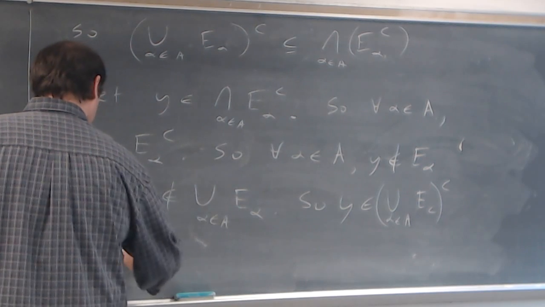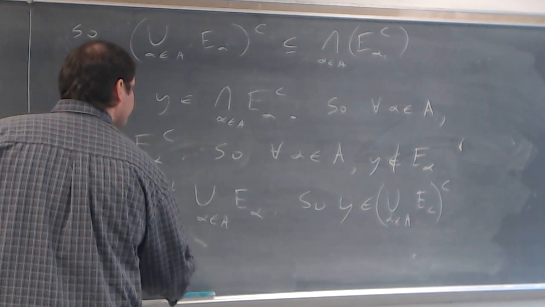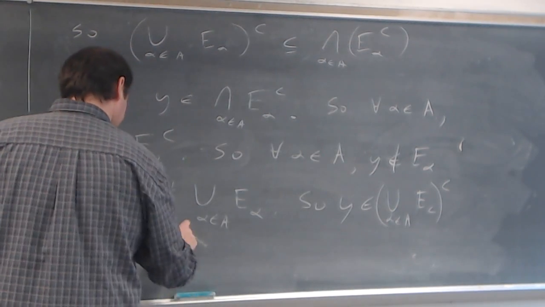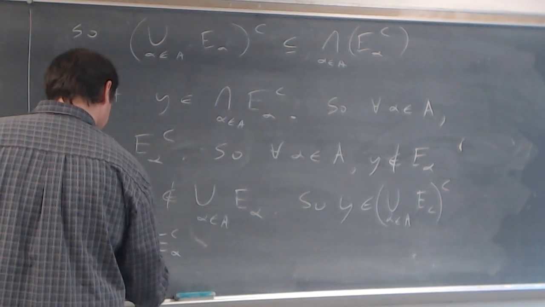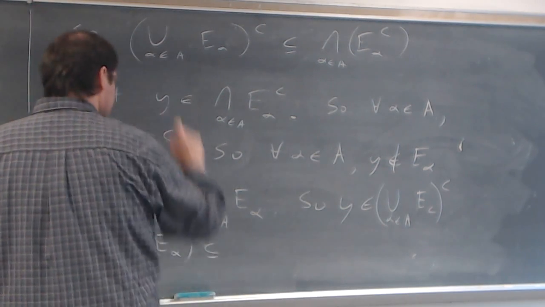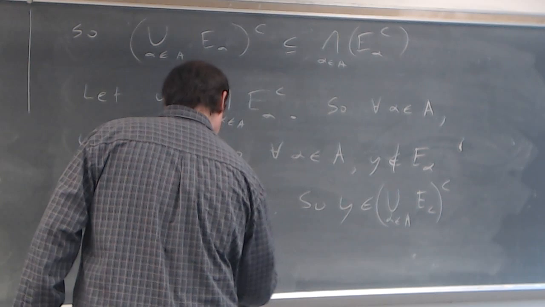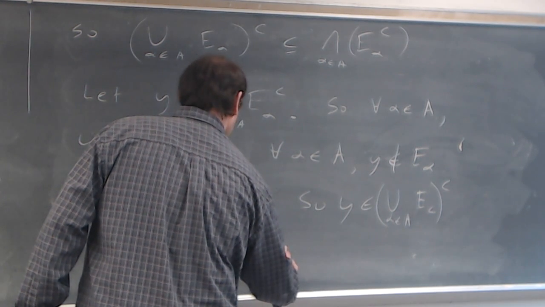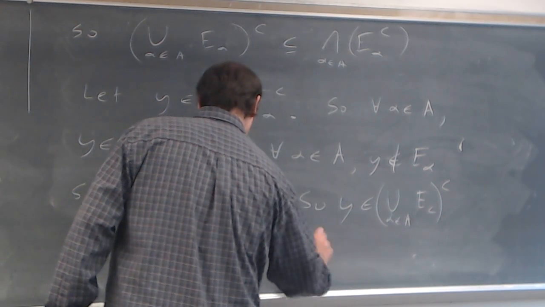So what we've just shown is that this intersection of the E alpha complements, as alpha runs over all of A, is going to be a subset of the complement of the union of E alpha.